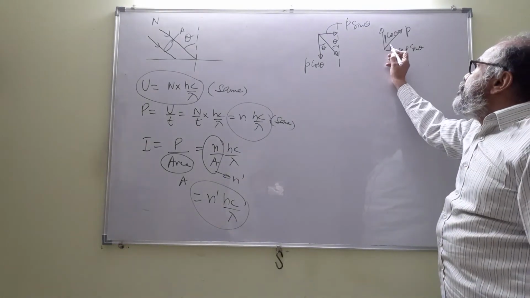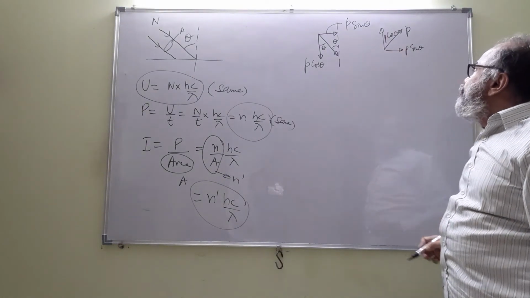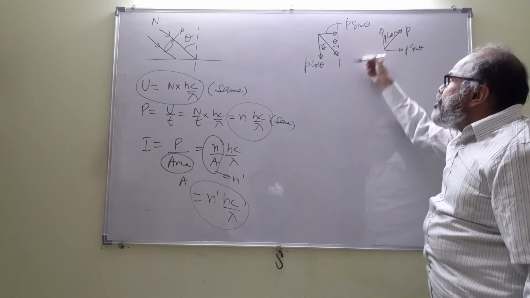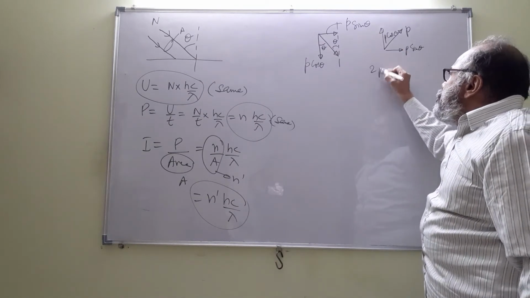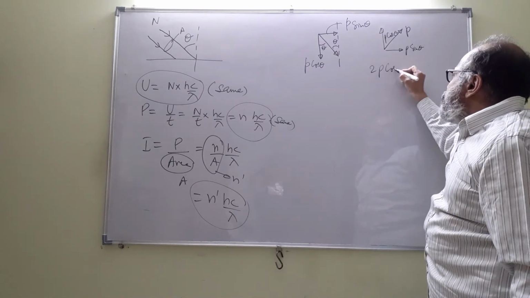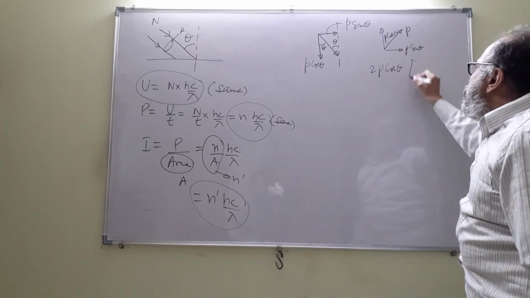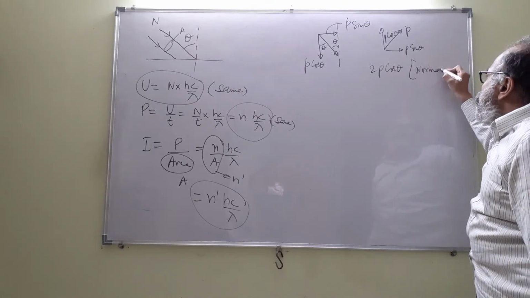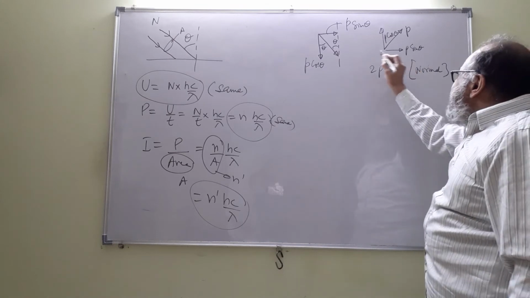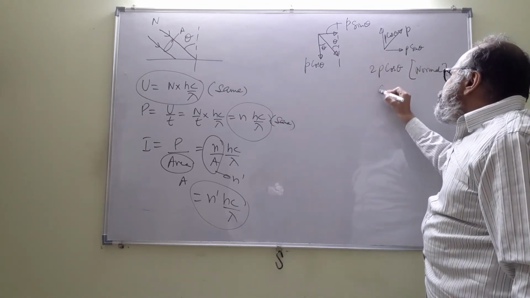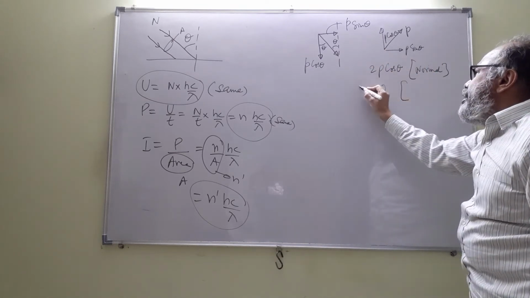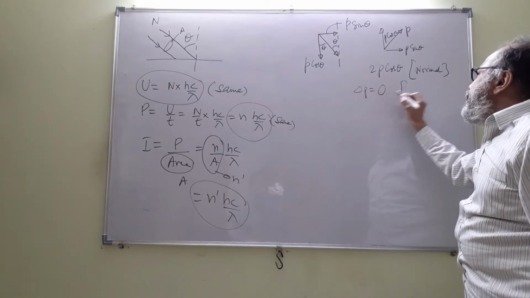The angle of reflection would be the same as the angle of incidence. So the change in momentum for the photon is 2p cos theta in the normal direction. And in the tangential direction, there is no change. Delta p in the tangential direction is 0.